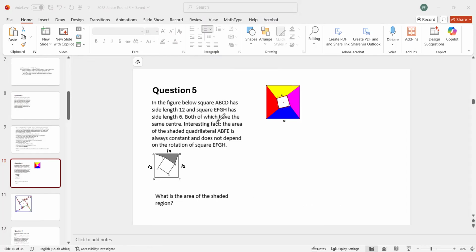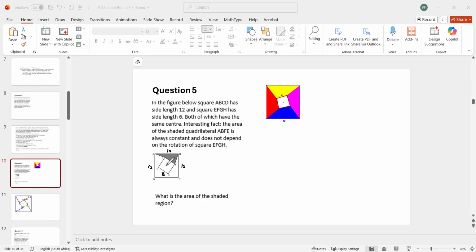And a square EFGH, there's a smaller one sitting inside here. And that has got side 6. Both of which have the same center.